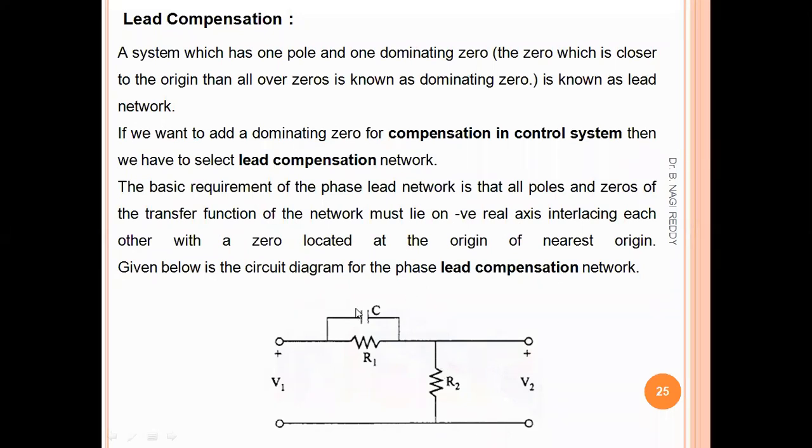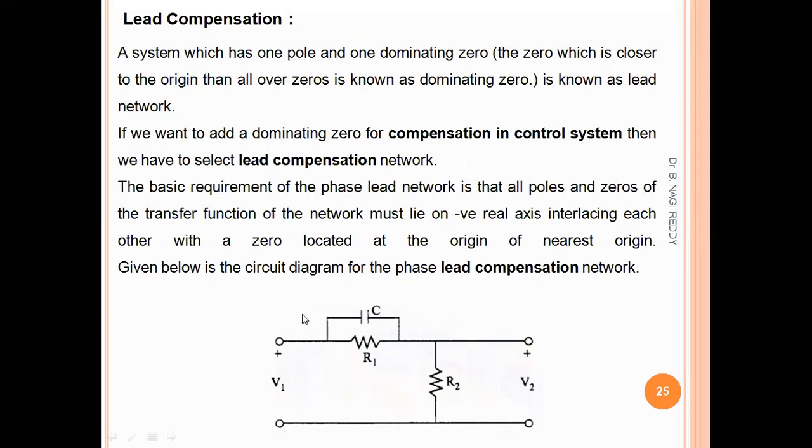Otherwise, if any pole or zero lies on the right half of the S plane, then that system may become unstable. So we have to see the design part and the pole and zero of this network.